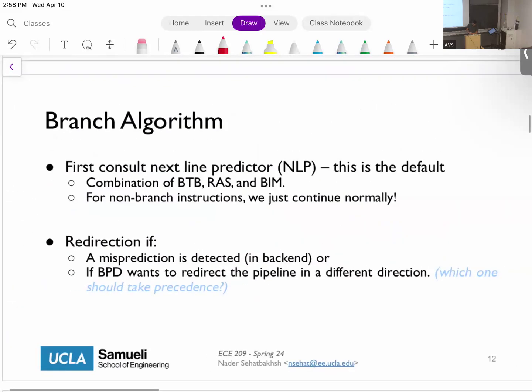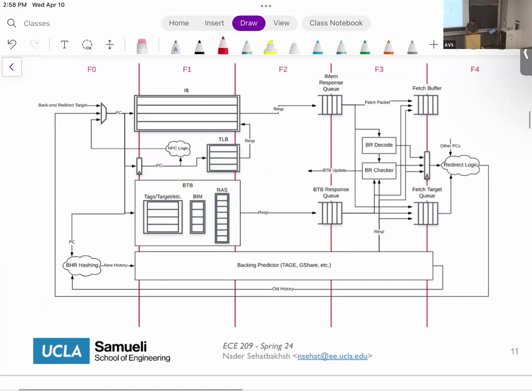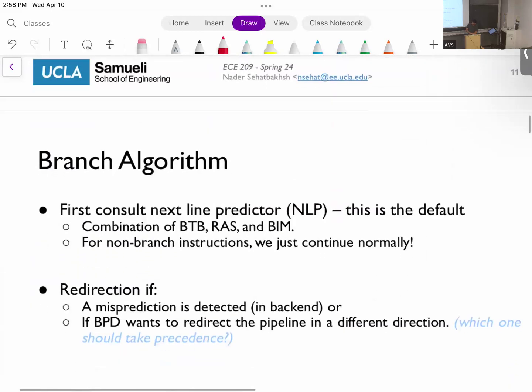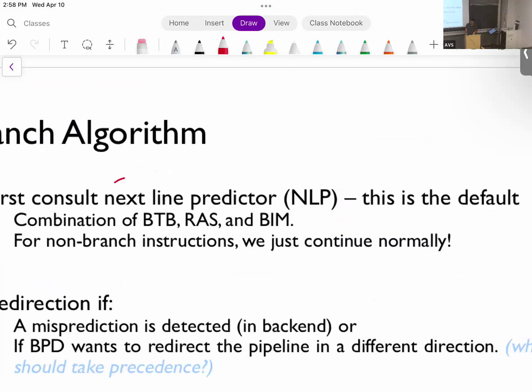So what is going on with the BTB and the branch predictor? Essentially, the branch algorithm in Boom is something like this. First of all, Boom is going to consult this BTB. Within this BTB, we have a very simple branch predictor, which we usually call the next line predictor, or NLP.